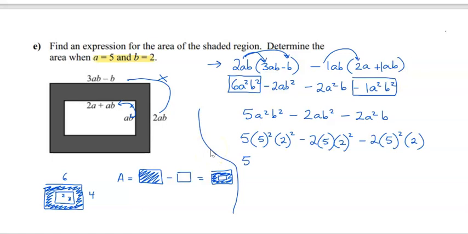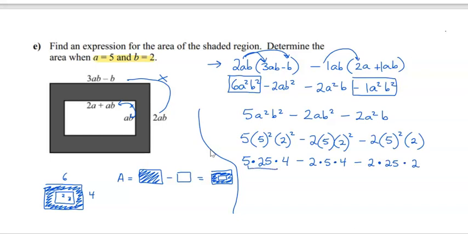So this is going to be 5 multiplied to 5 squared, which is 25, multiplied to 2 squared, which is 4, minus 2 multiplied to 5 multiplied to 2 squared, which is 4, minus 2 multiplied to 5 squared, which is 25, multiplied to 2.